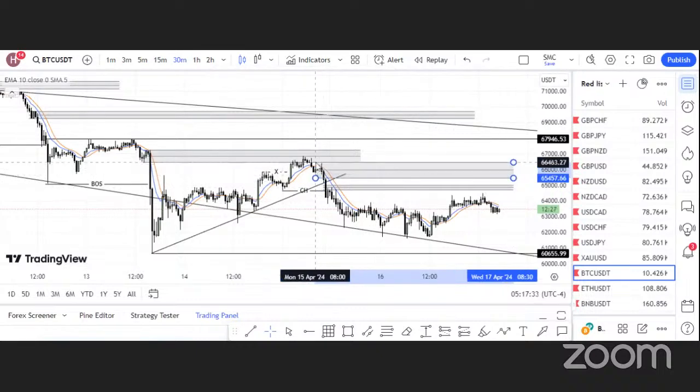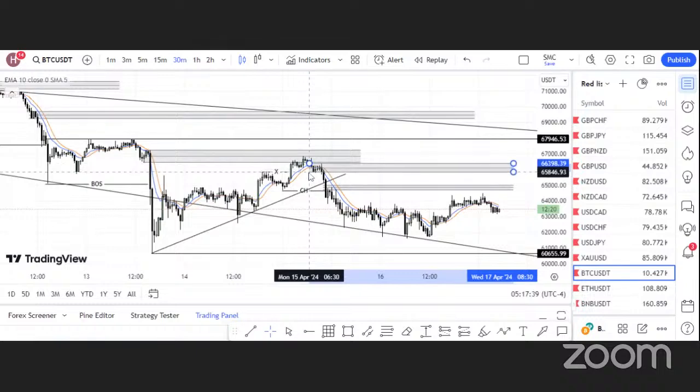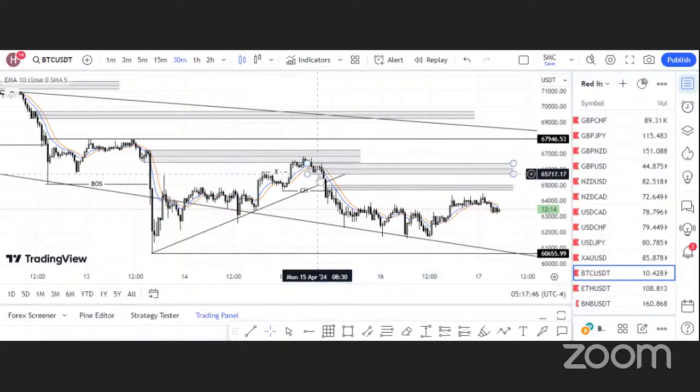I'm not going to use this. Let me use this instead. Yes, this is better because here we have another block.